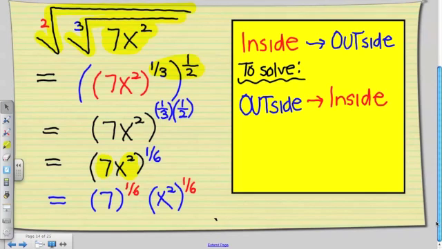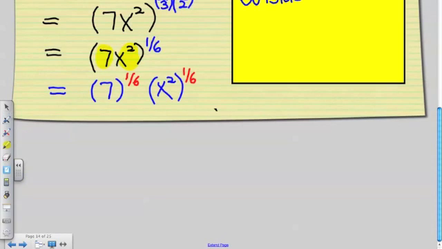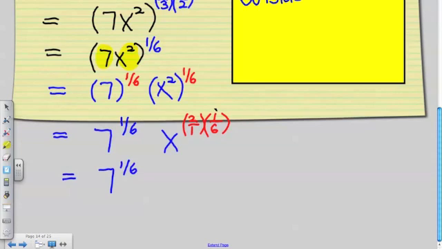So when I do that, I'm left with 7 to the power of 1/6, and then x to the power of 2 times 1/6, or 2/1 times 1/6. Which gives me 7 to the power of 1/6 times x to the power of 1/3, because 2 goes into 6 3 times.